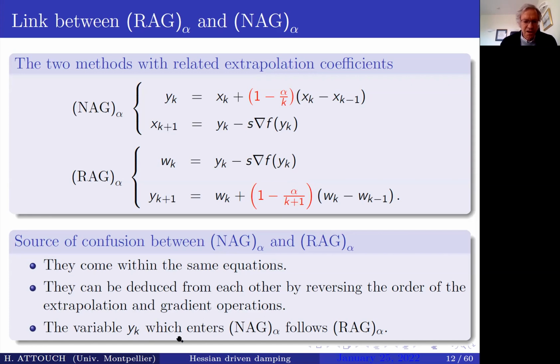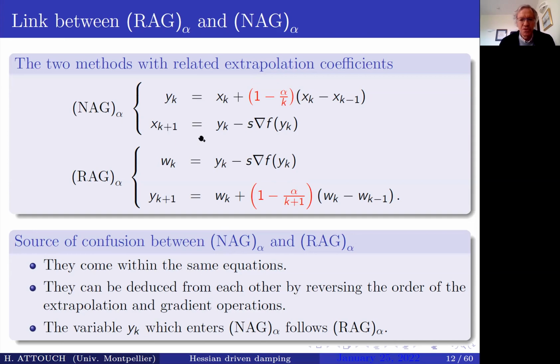And most confusing is the fact that if you are interested in Nesterov and you consider the sequence x_k, but instead of considering the sequence x_k you consider the sequence y_k, then the sequence y_k follows the Ravine method. So within the same algorithm, you can generate two algorithms, depending on whether you consider the sequence x_k or the sequence y_k. That was the origin of the confusion.